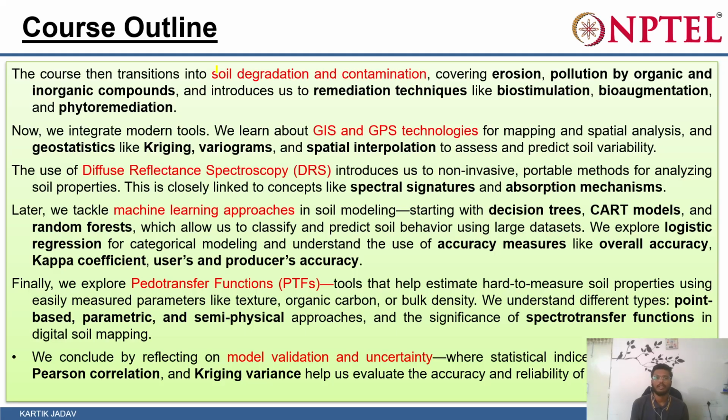So for that we have covered all the processes like erosion. In that we have covered water and wind erosion. Also we have considered contamination. On the contamination side, we have focused on organic contaminants and inorganic contaminants.